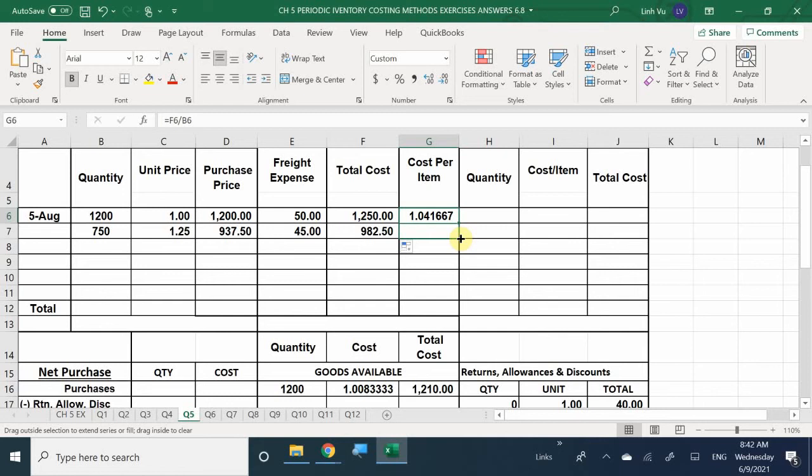So in this case, we need to know how many items we have in order to divide $982.50 evenly. So we're taking the total cost. I got $1.31. Is that right? Yes. Cool. So this was on August 10. Now, we don't know if this batch is going to be changed or not, so let's go ahead and see what happened next.